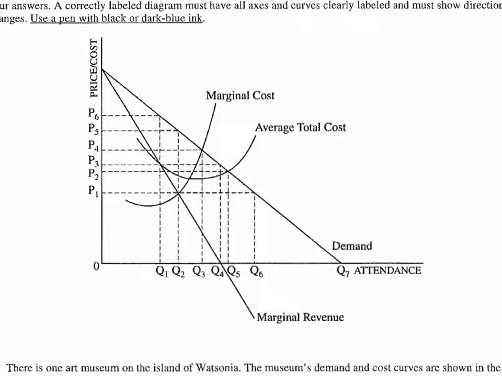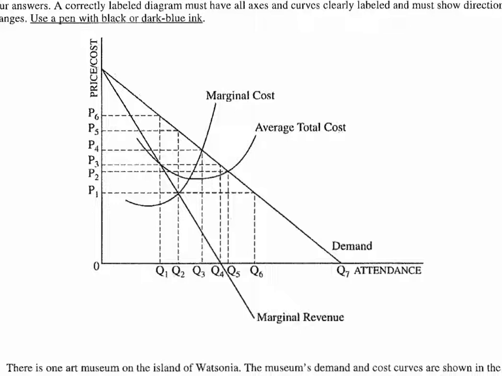The next question we can eyeball is on the back of the free response page. If you're following along, assume the price is set at P2. So we're assuming that we're going to make the price P2, almost like a price ceiling of sorts. If we make the price P2, what will happen to the museum's accounting profit?